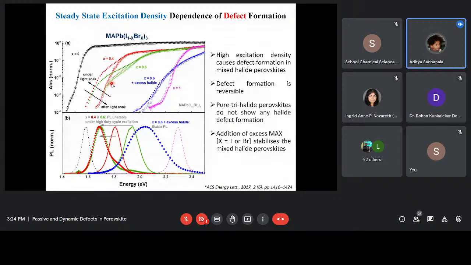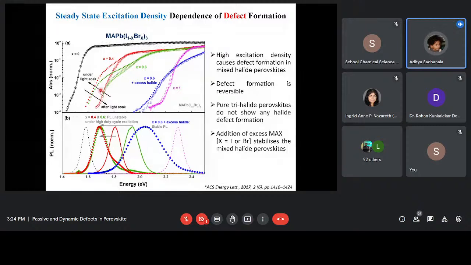Okay. When you illuminate the sample, under solar illumination, the absorption is red shifting. Okay, so this dotted line that you see is red shifting, and they are sort of having almost the same absorption edge. Then when you remove the solar illumination, the absorption shifts back, which is the solid red line or the solid green line.